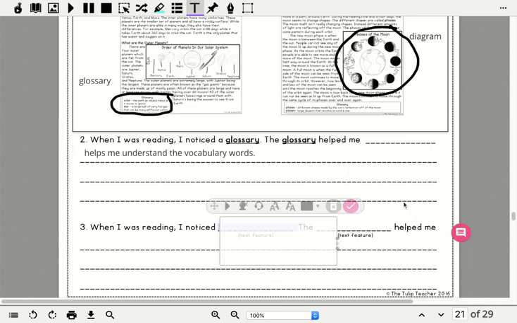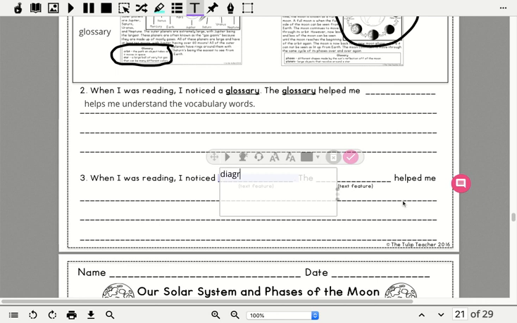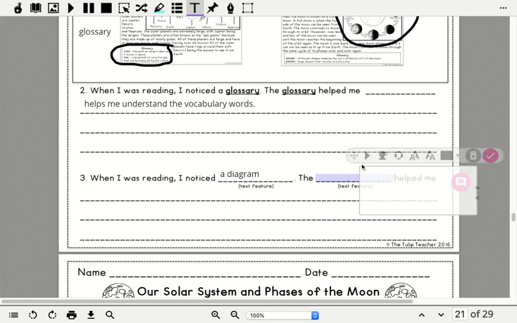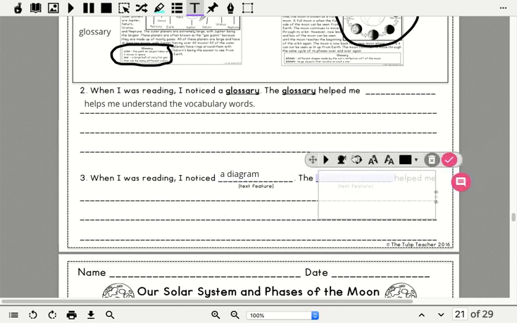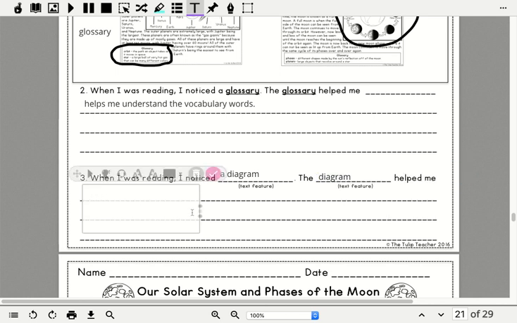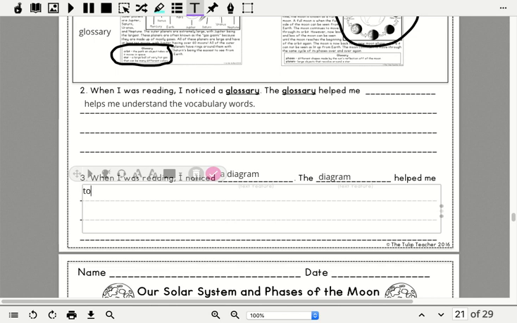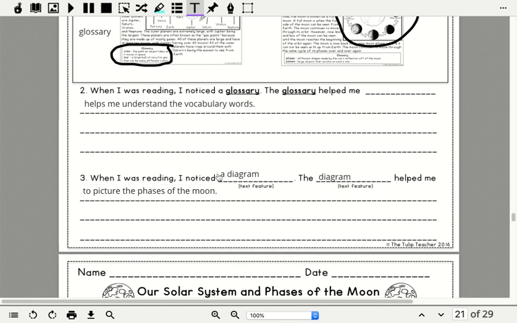I noticed a diagram. The diagram helped me, and now I'm going to say, how did it help me? It helped me to picture the phases of the moon. And I'm done with it. Okay, that's all you've got to do on that page.